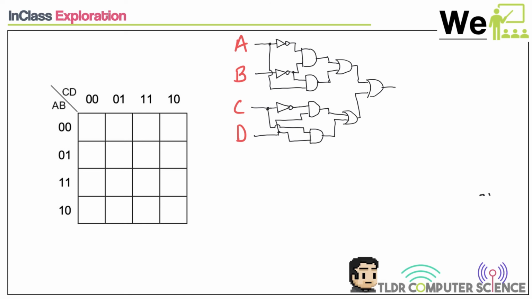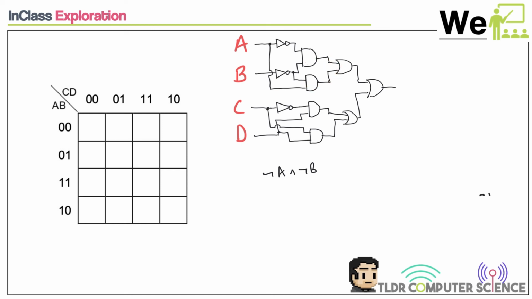So we've got this top one here: not A is going into this AND gate with not B. So I'm going to start off with that. I've got not A and not B going to the AND gate. And then if you see here, they're both going to go into an OR gate. So this AND gate is going to go into this OR gate, and then this AND gate is going to go into this AND gate.